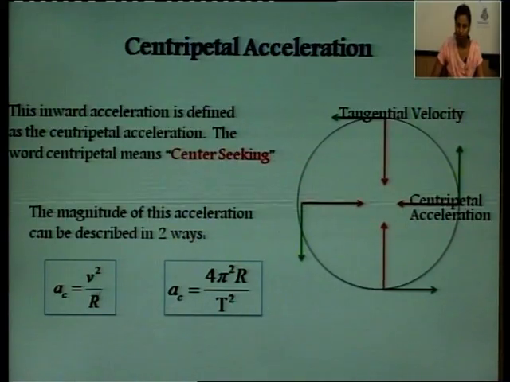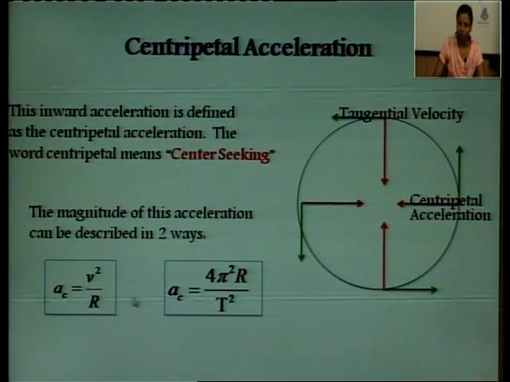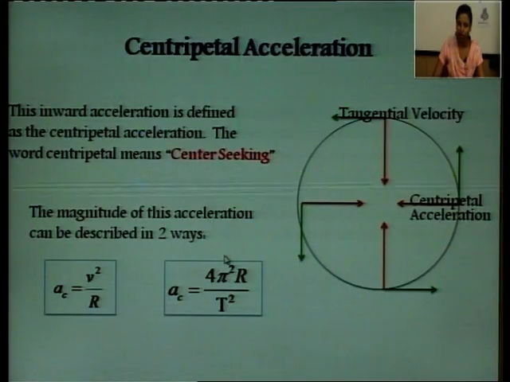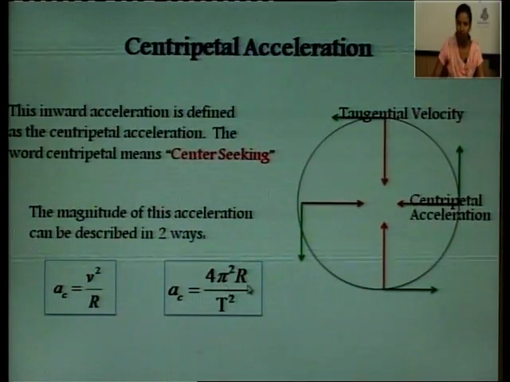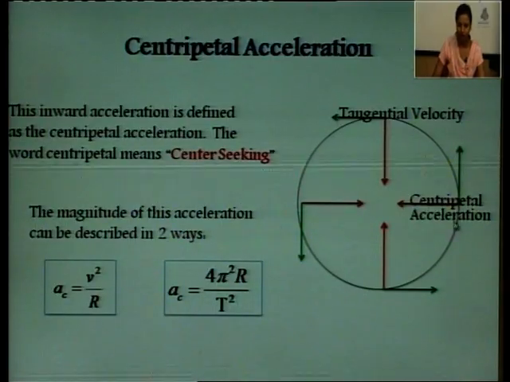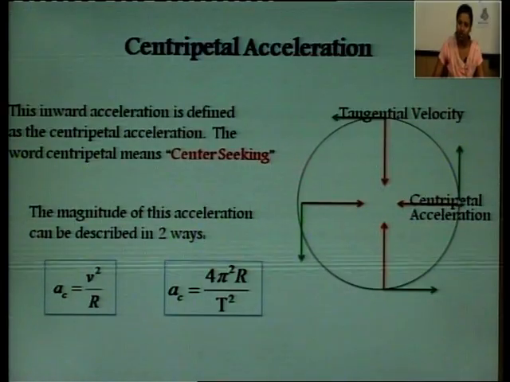And as you already did, velocity is omega r and omega is 2 pi upon T. After substituting all these values, we come to know centripetal acceleration is 4 pi square r upon T square, where 4 is constant, pi is 22/7, r is the radius of this circle, and T is the time period. Time period means the time it takes to complete one circle.